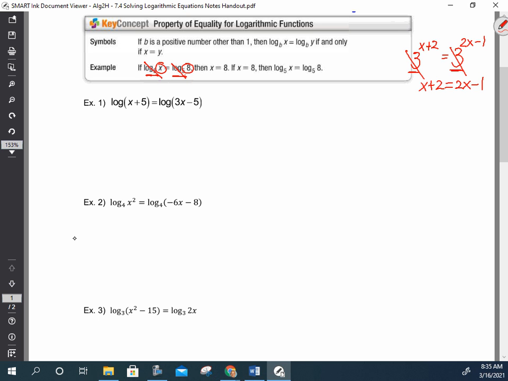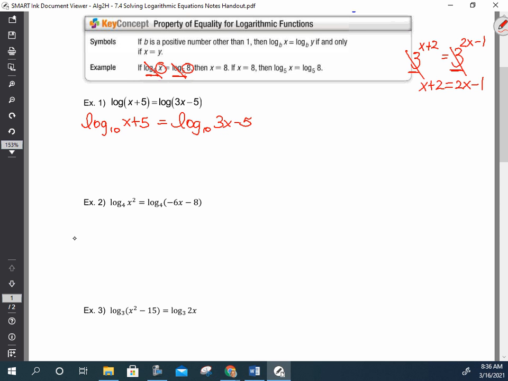Example 1: log of x plus 5 equals log of 3x minus 5. Remember, this log doesn't have a little base, so the understood base is 10. It's not required that you put that base there. I'm doing it more so to remind you to do it.